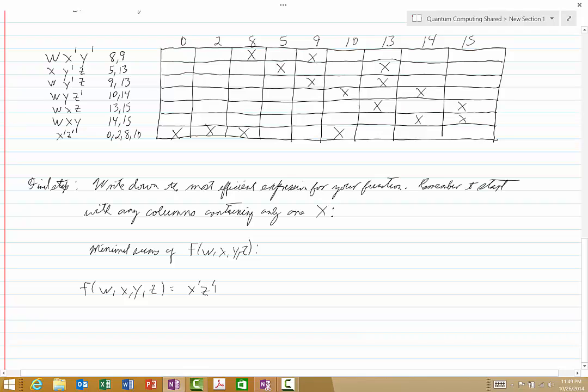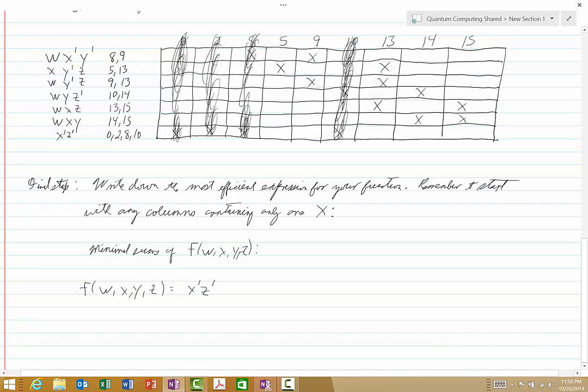So let's scribble out those columns: 0, 2, 8, and 10. Okay? Now, are there any other columns that have only one x?